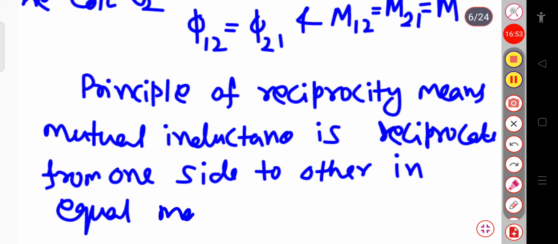So this is the principle of reciprocity.